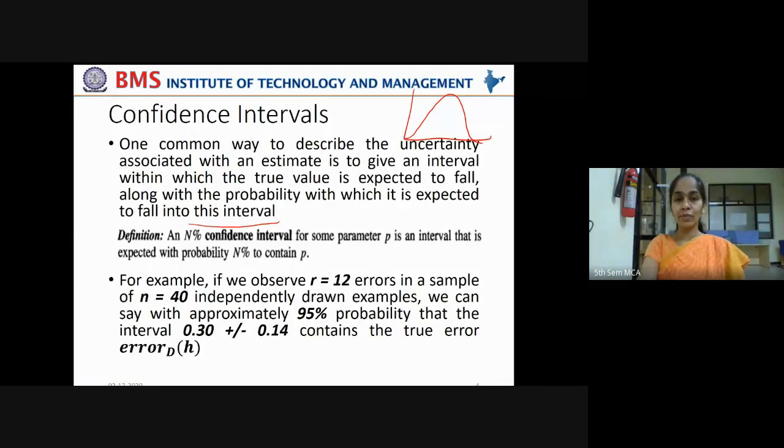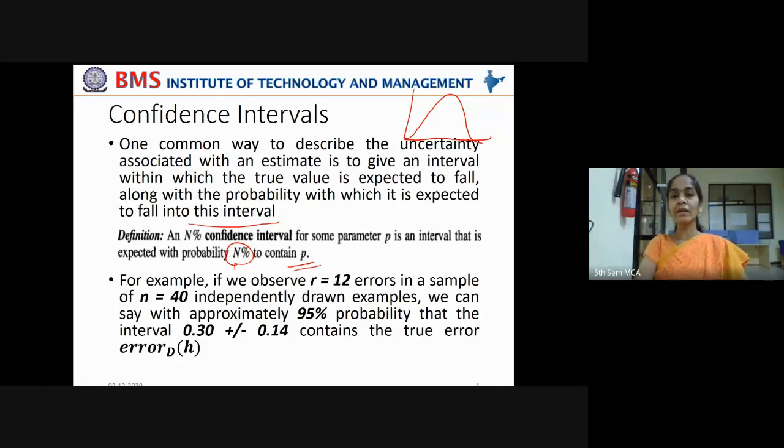So what is the formal definition for this? An n% confidence interval. In this case, we are taking it as 95%. Sometimes we may take it as 80%. Sometimes the confidence interval may come down to even 60 or 65% if there is large variation between your sample error and the true error. So an n% confidence interval for some parameter p is an interval that is expected with probability n% to contain p.